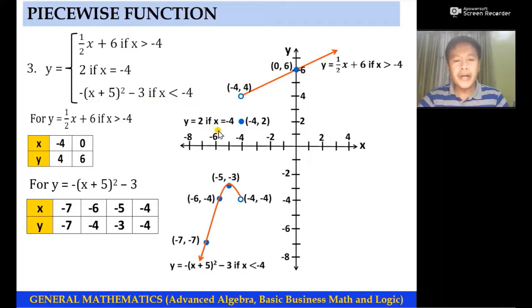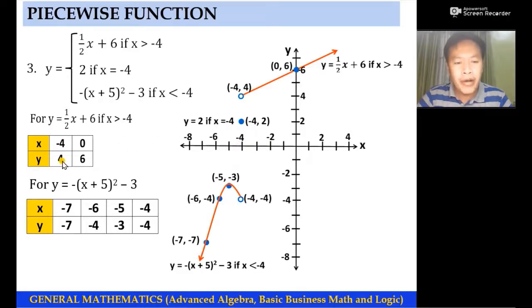Now, we are going to plot the points of y is equal to 1 half x plus 6 if x is greater than negative 4. Our point is negative 4 and 4, and that is found in the second quadrant. So if x is equal to negative 4, 1, 2, 3, 4.